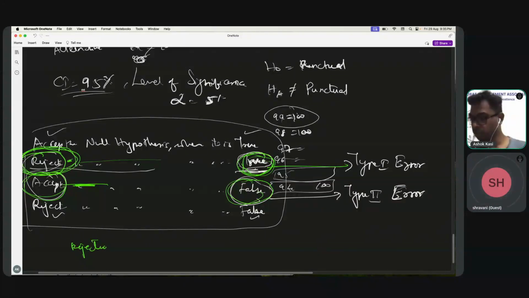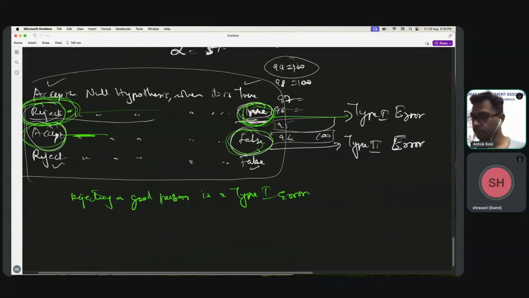Rejecting a good person is a type 1 error. Accepting a bad person is a type 2 error.